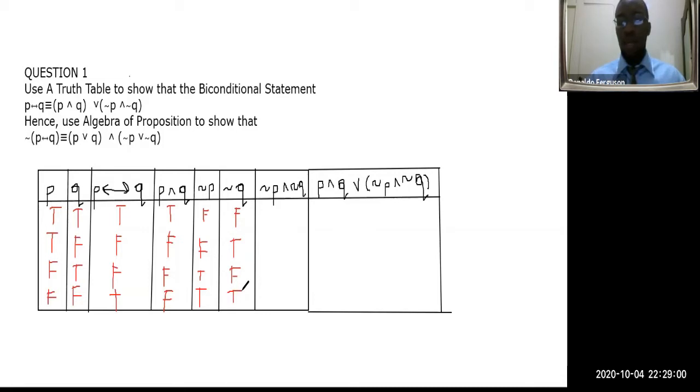Now the next thing that we're going to need is not P and not Q. Now not P and not Q, we're looking for when both not P and not Q are true. Not P and not Q is true right here, then everywhere else is false.